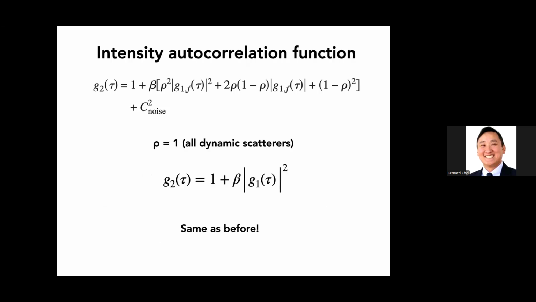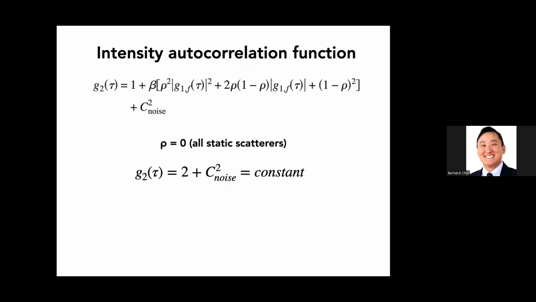If we just go to a limit and assume everything's moving, so we go back to our dynamic scattering, like with that red block up at the top, this just collapses back down to the equation we had before. So it at least shows that at the limit where everything's moving at some rate, this works. And if we go to 0, so there are no dynamic scatterers, everything's not moving, we just plug that in and start crossing out terms.